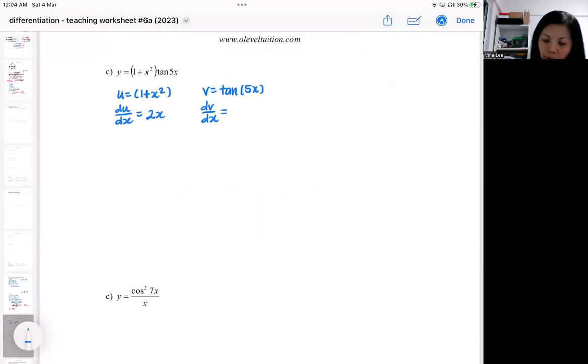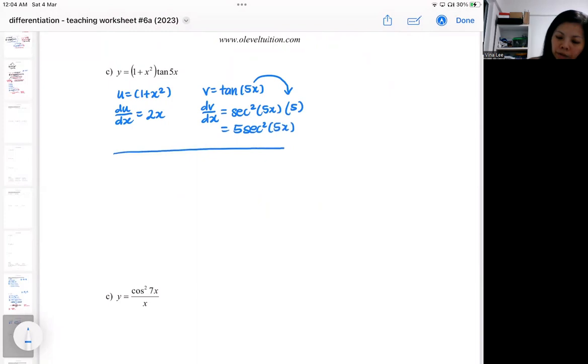So you must remember, you differentiate the function first, then you differentiate the angle. So it actually gave you 5 secant square 5x. So make sure you remember about differentiating your angle. One of the common mistakes a lot of students make is they forget. So I will combine using my product rule. Okay, I will do this direction first.